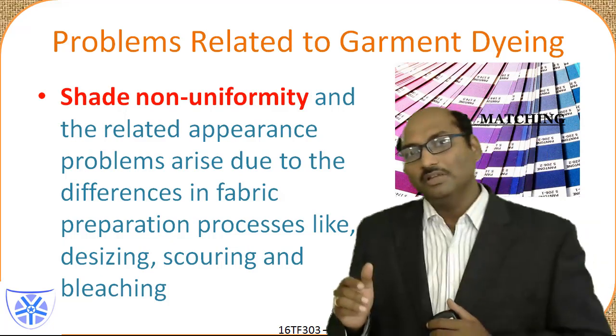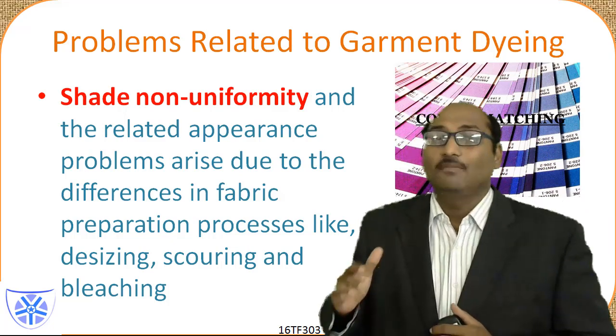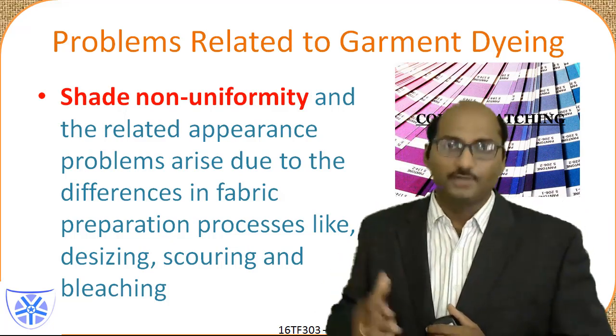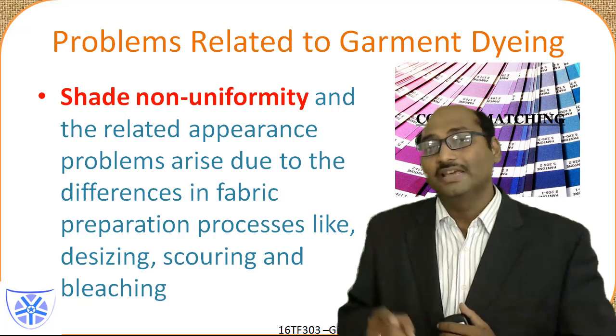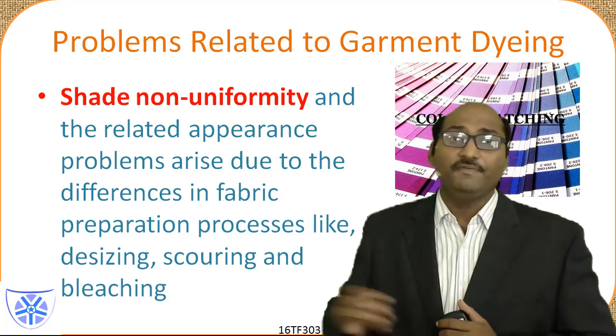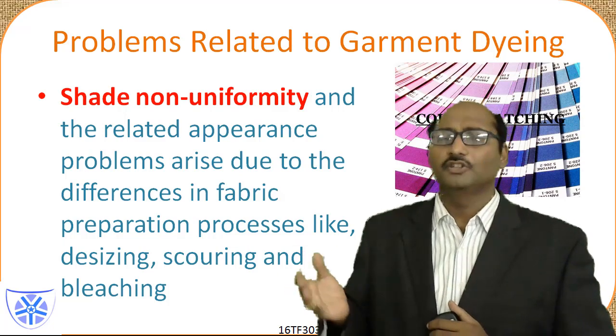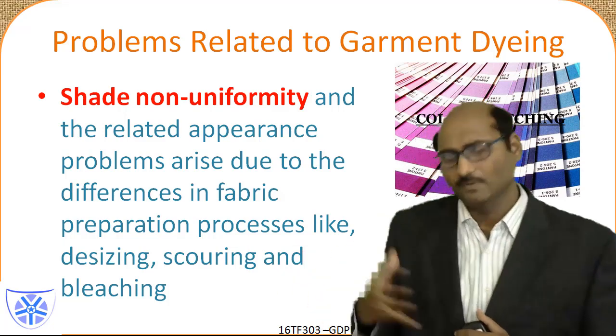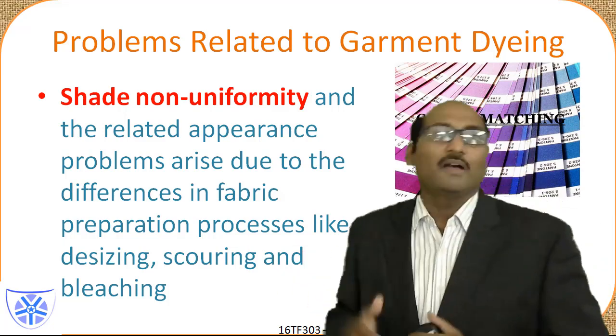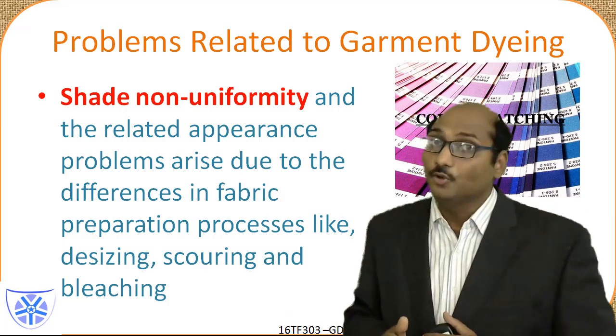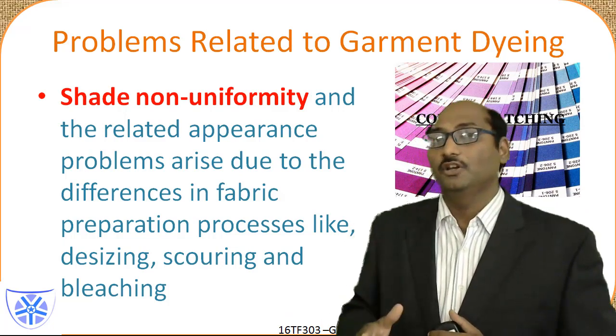These problems arise mainly due to differences in the fabric preparation processes like desizing, scouring, and bleaching. If there is any variation with respect to chemical dosing, time, temperature, or sometimes even pressure in cooking these fabrics, that also leads to variation in fabric processing.